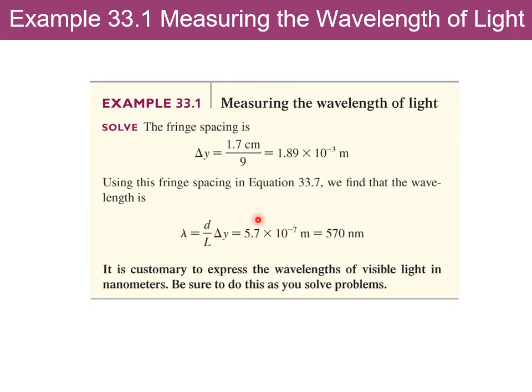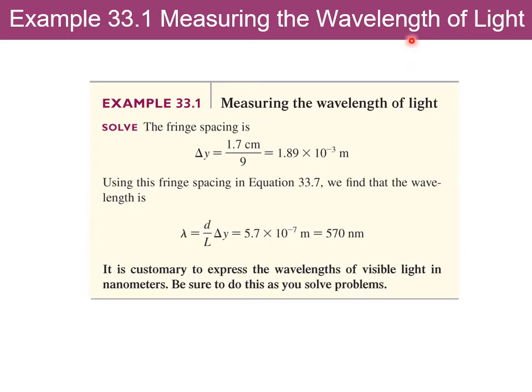We can then take advantage of the fact that the spacing between bright fringes is uniform. This means that 1.7 centimeters is equal to 9 times the spacing between any two adjacent bright fringes, or delta y equals 1.7 centimeters divided by 9 equals 1.89 times 10 to the minus 3 meters.